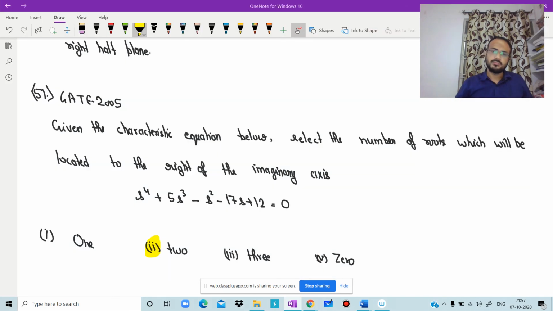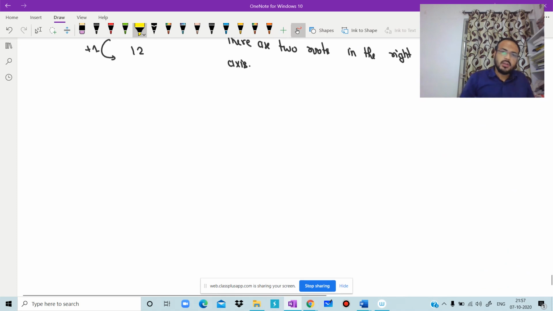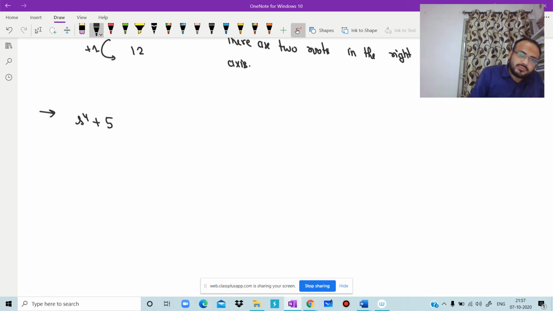Done. Very good. In some books you will find like this, the answer or justification of this question: s to the power 4, 5 s cube minus s square minus 12s plus 17s plus 12 is equal to 0, and they solve like this.